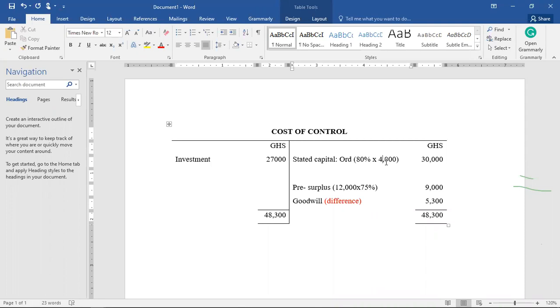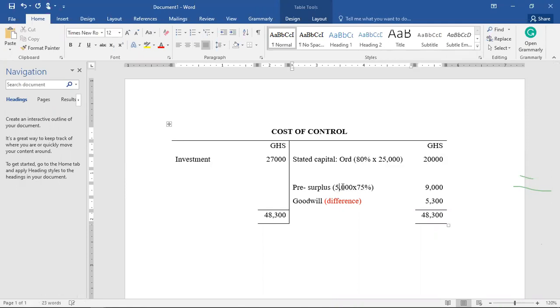So 80% of the 25,000. How much are we getting as the investment over here? 20,000. We are being told that the pre-acquisition surplus is 5,000. You see it in note 2.